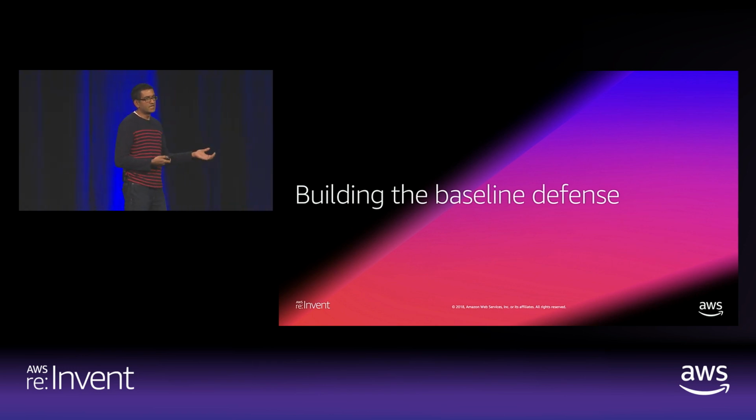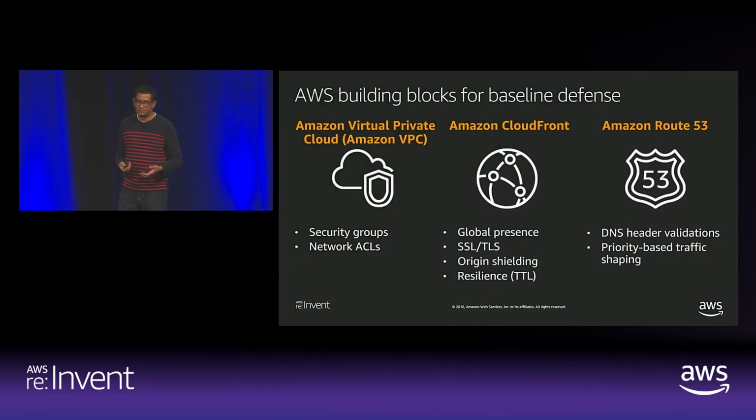So, building a baseline layer of defense, we'll start by introducing some AWS services that you can use to build the baseline defense. So 3 specific services that I'll talk about first. The first is Amazon Virtual Private Cloud, or Amazon VPC.